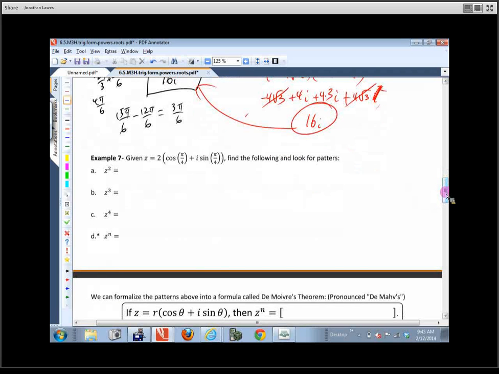So we know how to convert from trig to standard, standard to trig. We know how to multiply them in trig form, and we know how to divide them in trig form. And now we're going to do something kind of interesting. We're going to take this number right here, and we're going to figure out what happens when we square it. So I'd be multiplying it by itself, right?